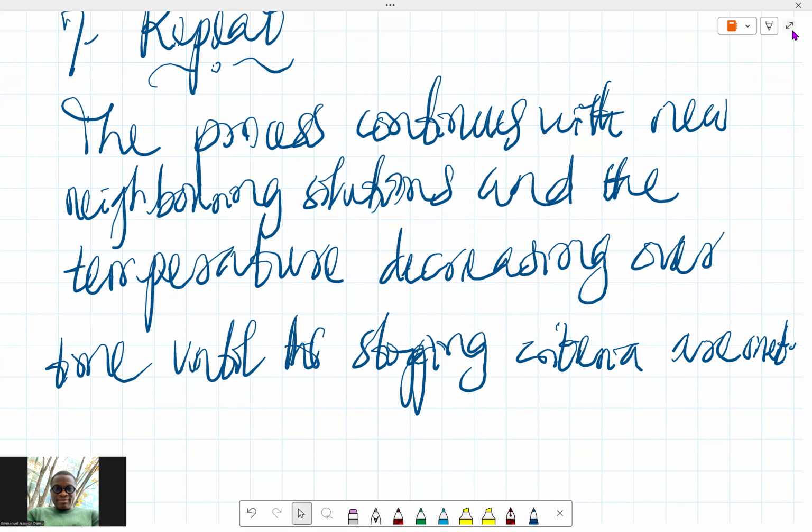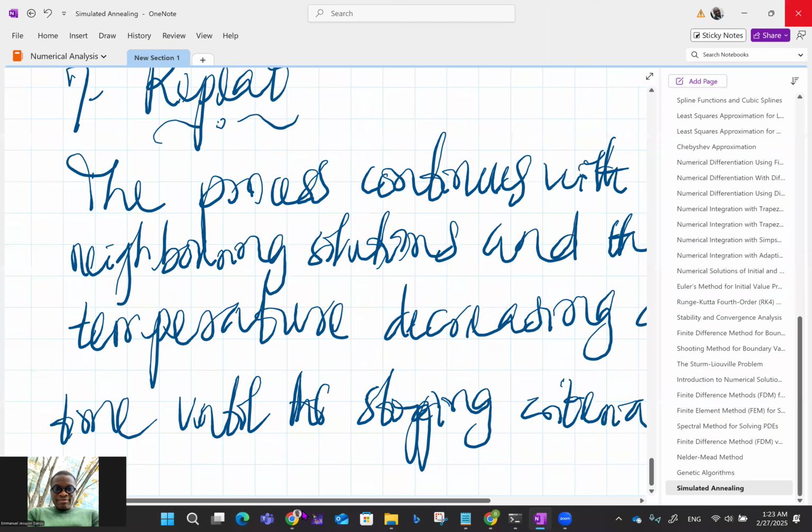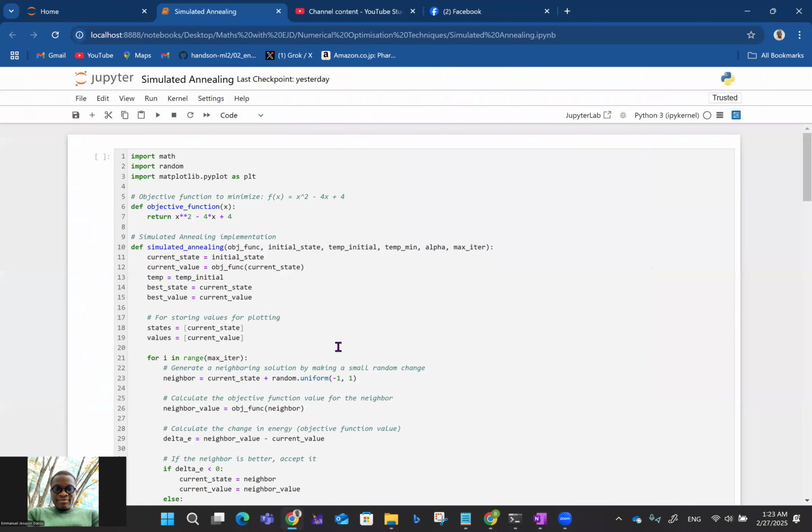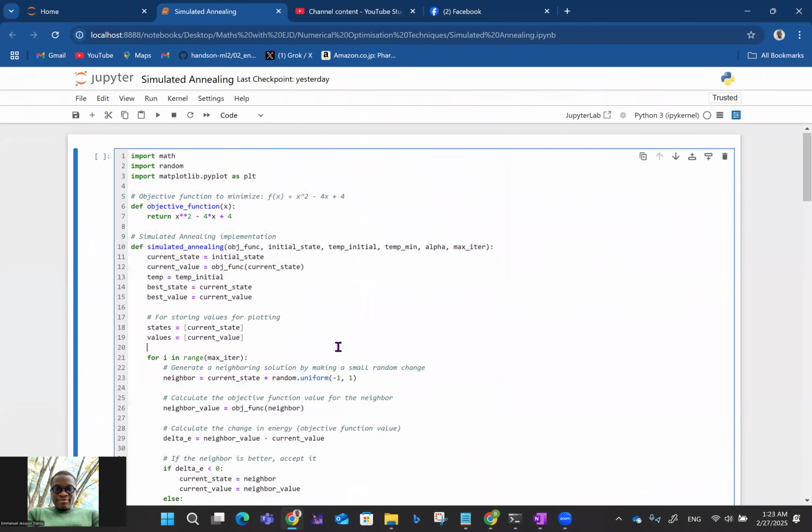To complete this one, I have another example. Like I said, I have two examples in this case. So this is the first part, which is talking about this objective function which we want to minimize.